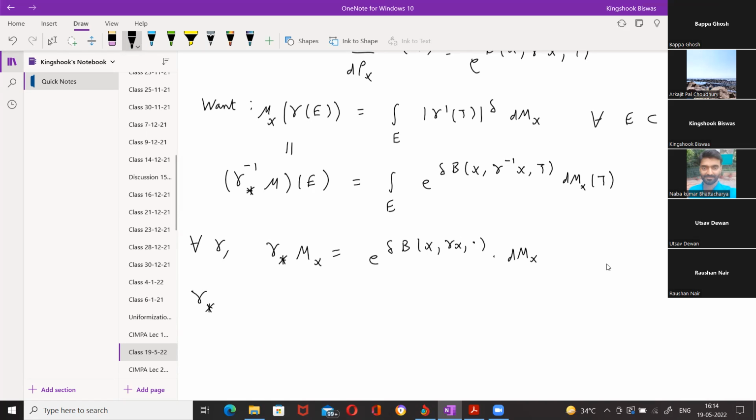So we look at gamma star of mu_xs. Now, what is gamma star of a Dirac mass? Delta gamma x, delta x. Oh, sorry, maybe I shouldn't use gamma. Let me call this alpha, for all alpha.